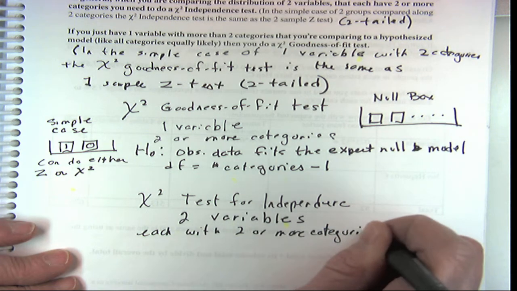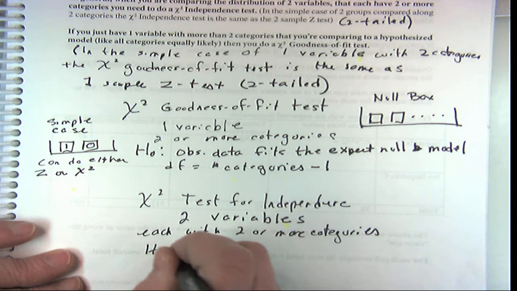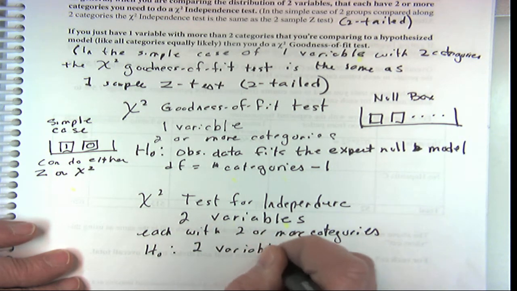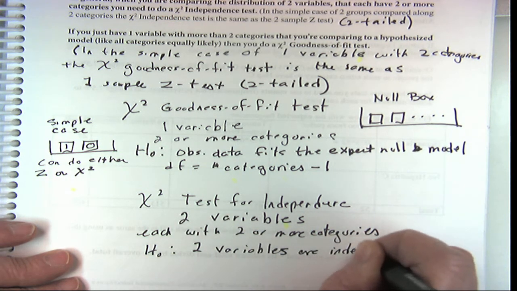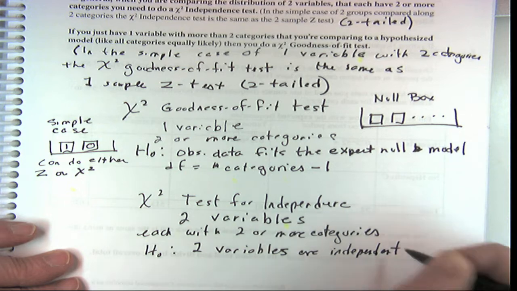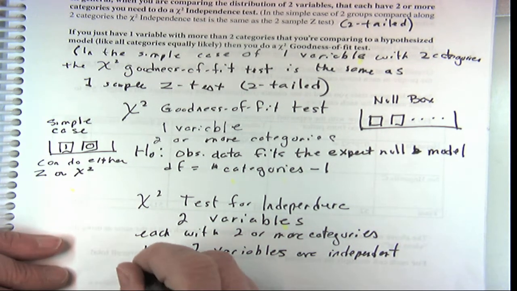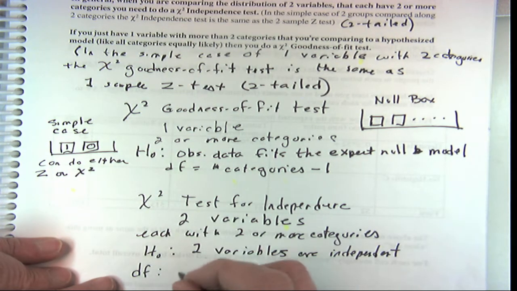Okay, then what is our null? Our null is that the two variables are independent. That knowing what gender somebody is doesn't give you any more clue about how they're going to answer the question than not knowing their gender. Okay, and then what are the degrees of freedom? Again, you have two variables, so here it was the number of categories minus 1.